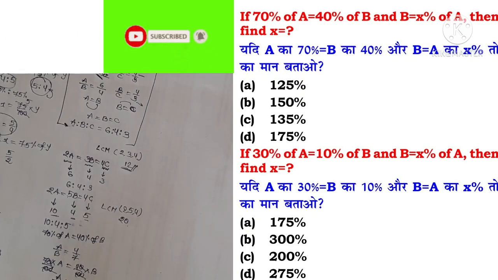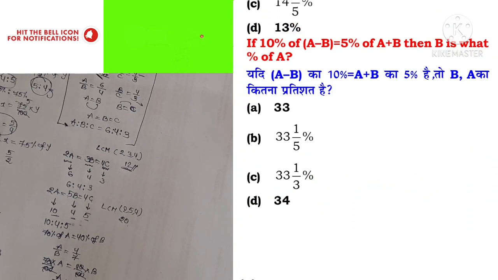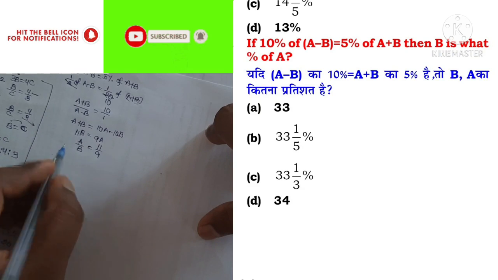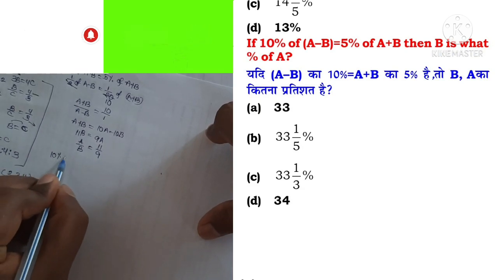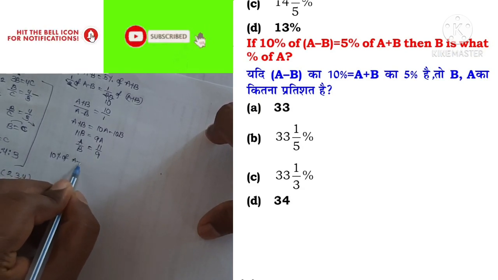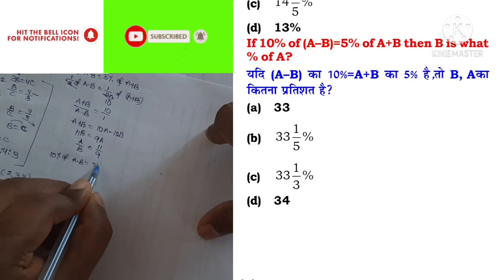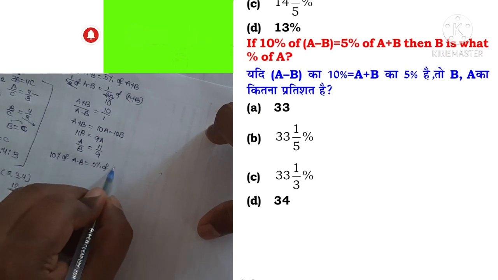10 percentage of a minus b is equal to 5 percentage of a plus b. Then b is what percentage of a?